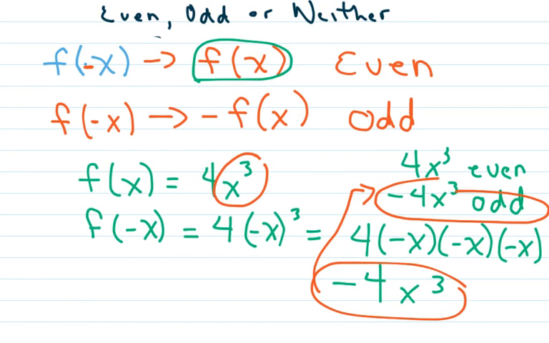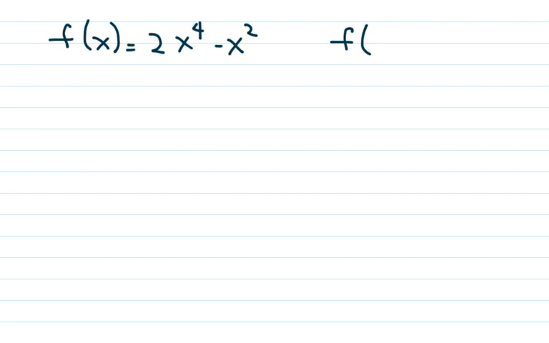All right, so let's look at this one. The next one's 34. We'll look at f of x equals 2x to the 4th minus x squared. Now if it's an even function, it should come out to look the same.